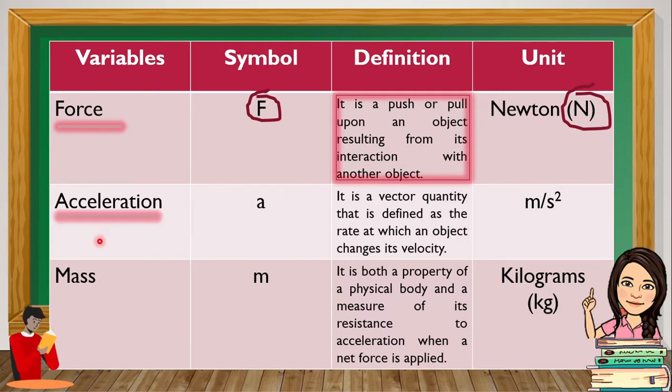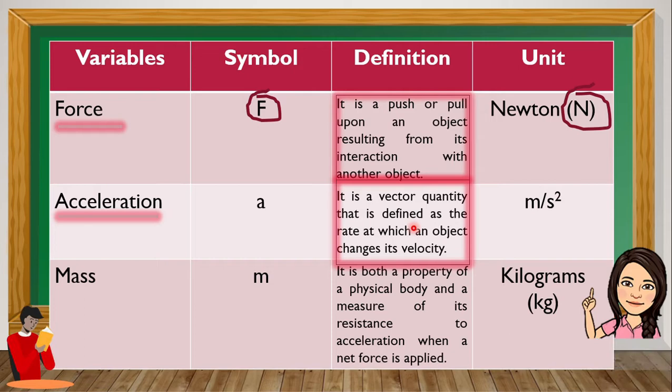Acceleration is a vector quantity that is defined as the rate at which an object changes its velocity. For example, an object was moving north at 10 meters per second. An apple is falling down. Jane is walking east at 3 kilometers per hour.